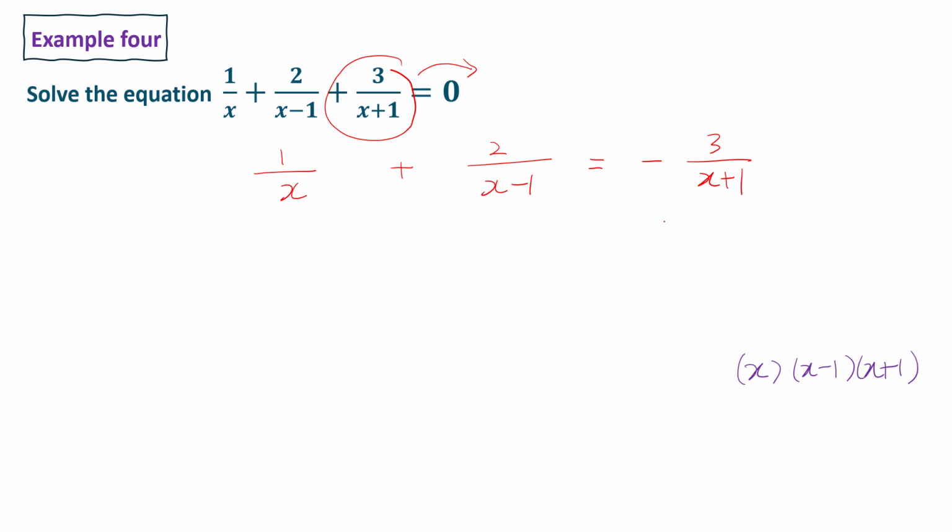So what we're going to do is multiply this with x(x minus 1)(x plus 1) at the numerator, also at the denominator. Likewise with this.